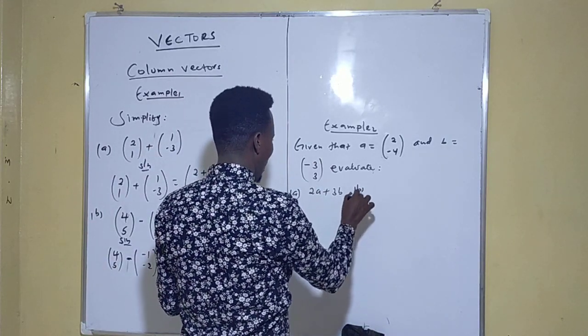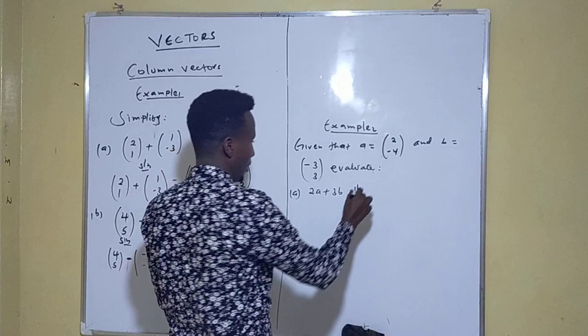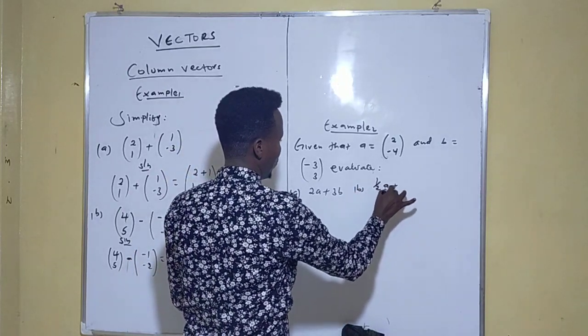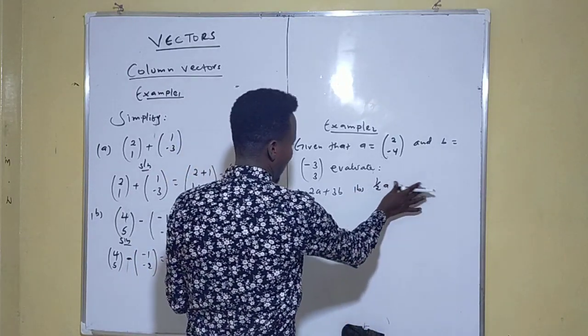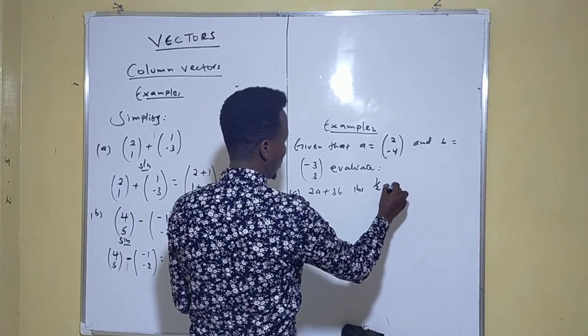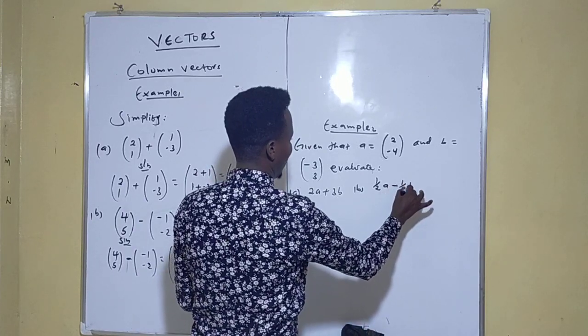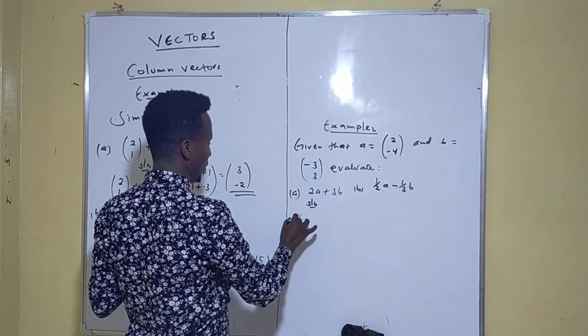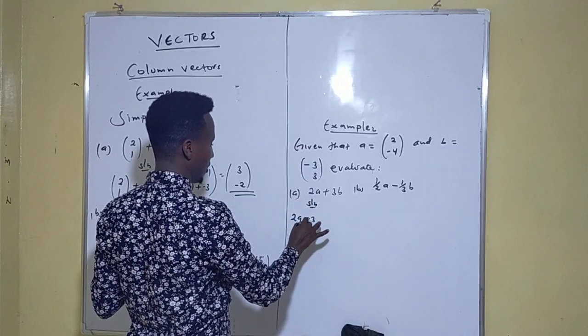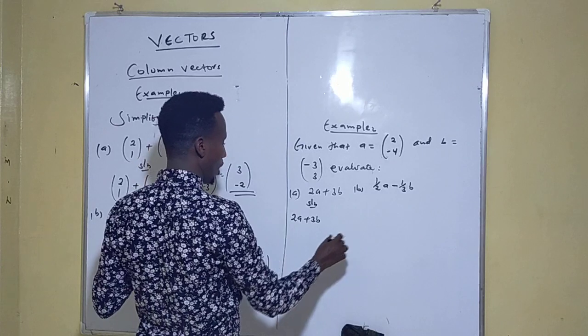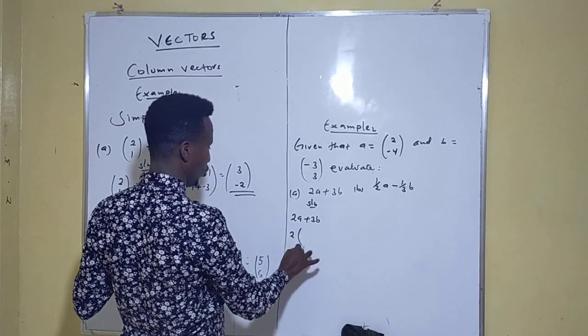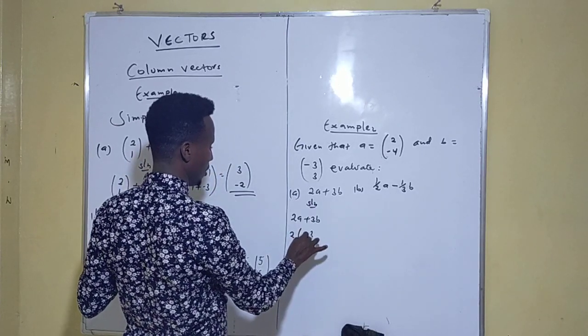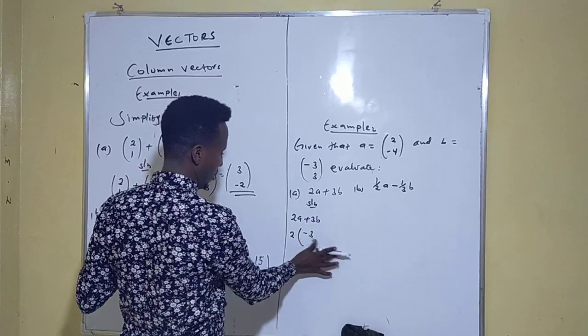Then question B, we have another question there, which is half A minus a third B. So if I want to solve this, remember I have 2A plus 3B. How will I solve?